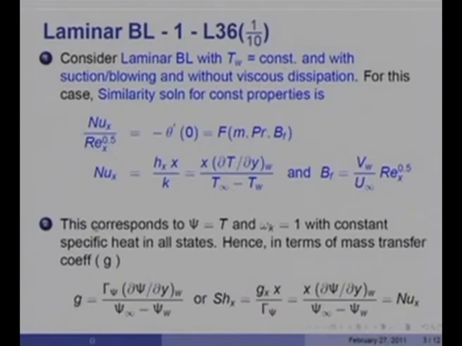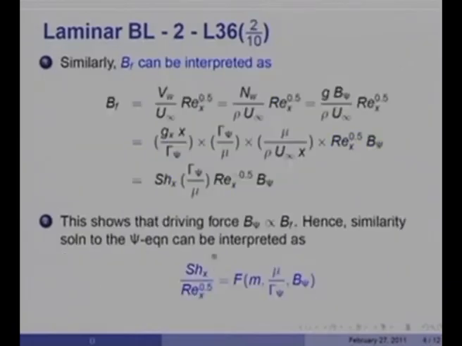Now, this will enable us to convert all the data that we had computed for the heat transfer case, converting Nusselt numbers to Sherwood numbers, and also convert B_f to the corresponding B_psi for the general mass transfer variable. So, we can interpret B_f, which is V_w divided by u_infinity Re_x to the half.